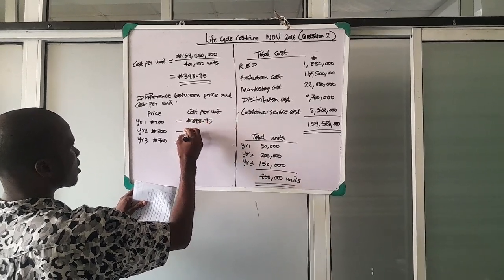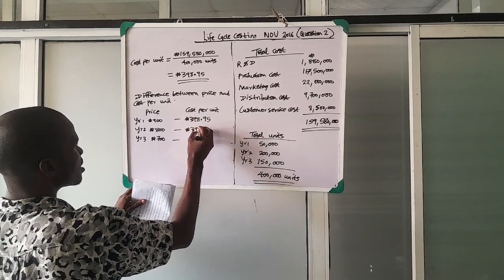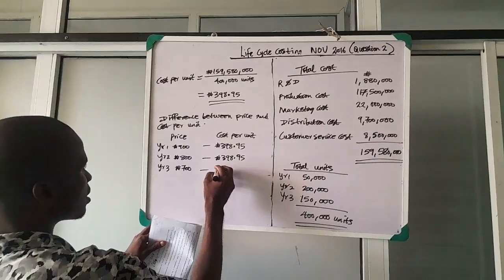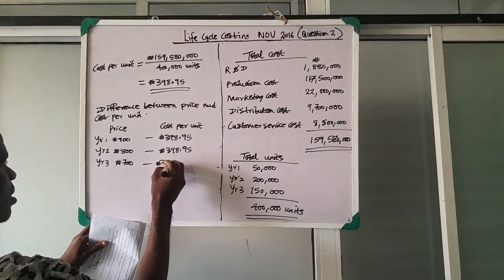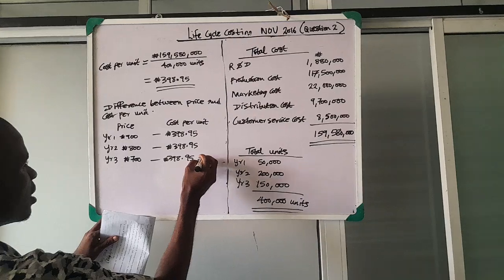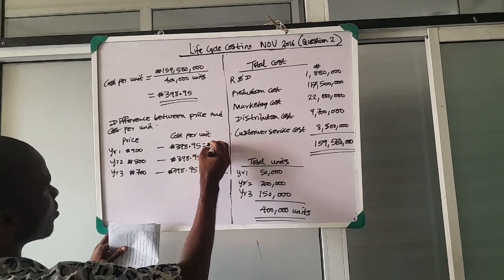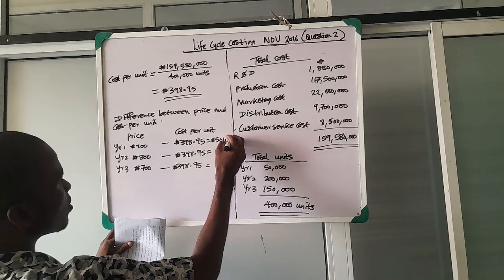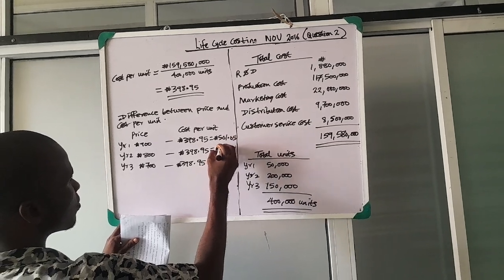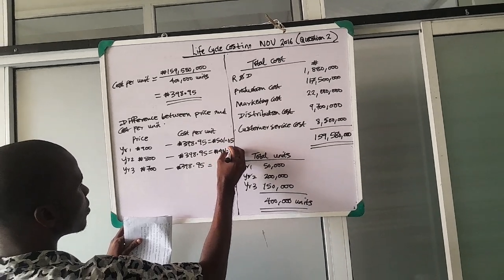Now their difference. The cost per unit as you have computed is 398.95. And the difference will give us, the first one, 501.05. Second one, 401.05.